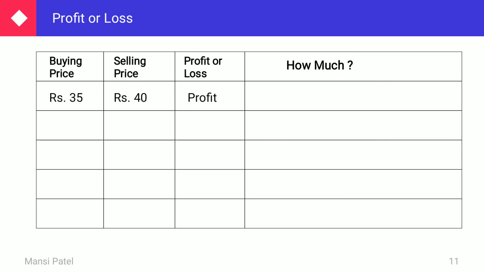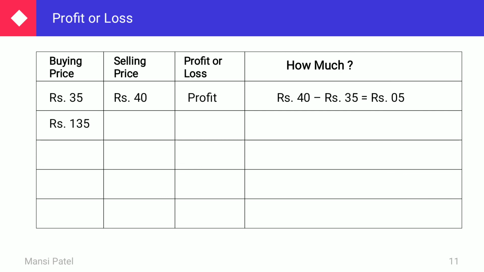And profit of how much? Whenever you have to find out the amount of profit or loss, you just have to do the subtraction. So subtract 40 rupees minus 35 rupees. So 5 rupees. That is the profit.